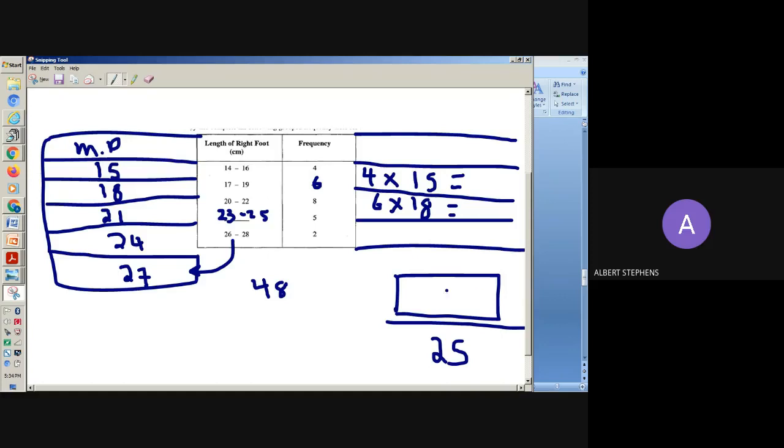So somebody work out this one. All of you work on it and tell me what number goes here. My rows got mixed up. All right, anybody with an answer?